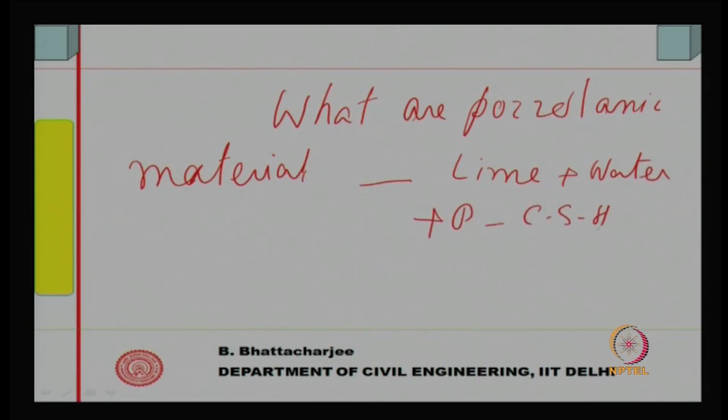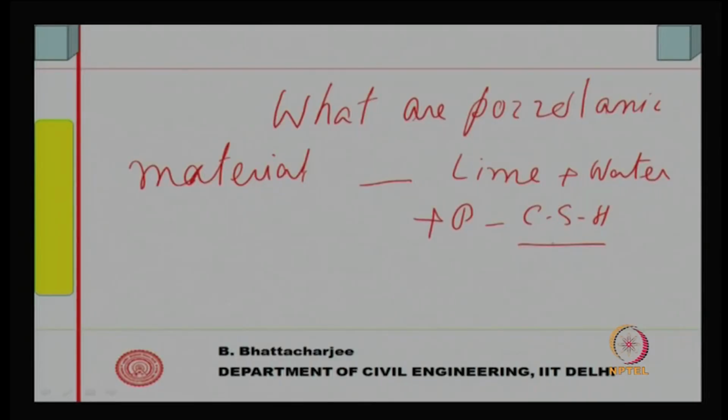In fact, there is a little bit of history which I did not mention. The name pozzolana is derived from volcanic ash. Volcanic ash is of course not naturally available everywhere, but it is available somewhere, particularly in Italy.